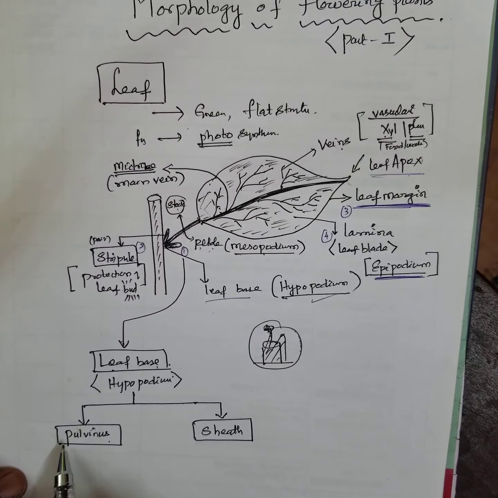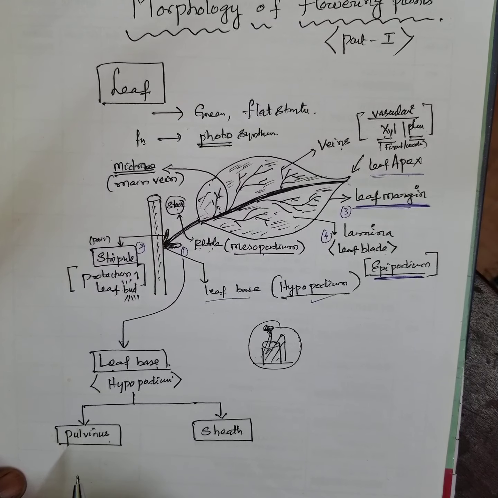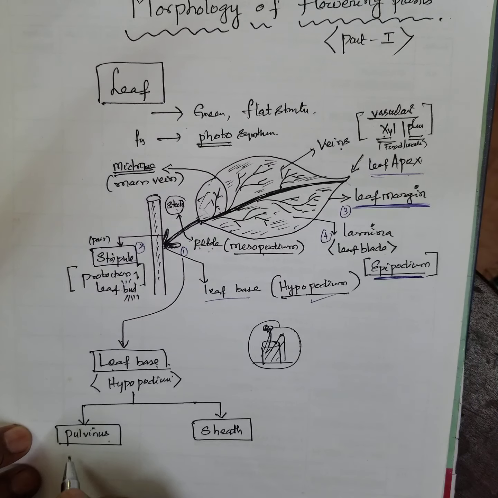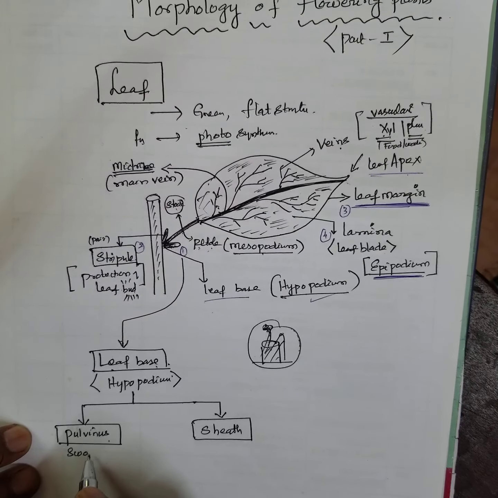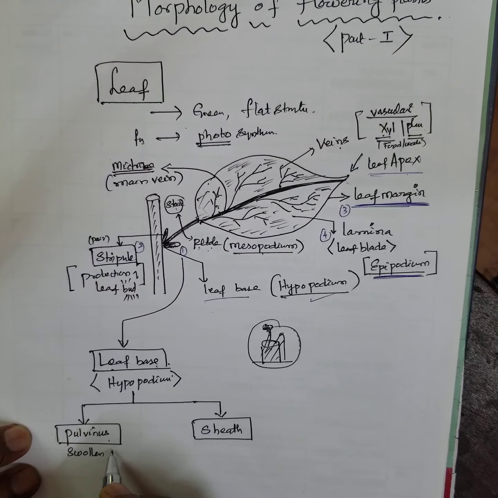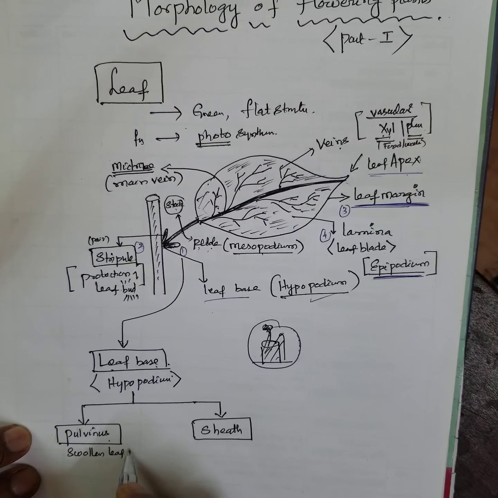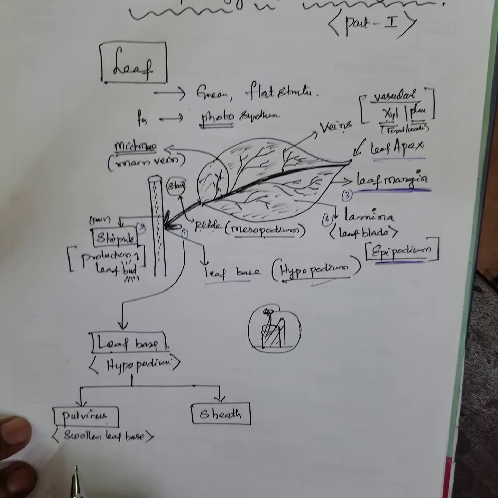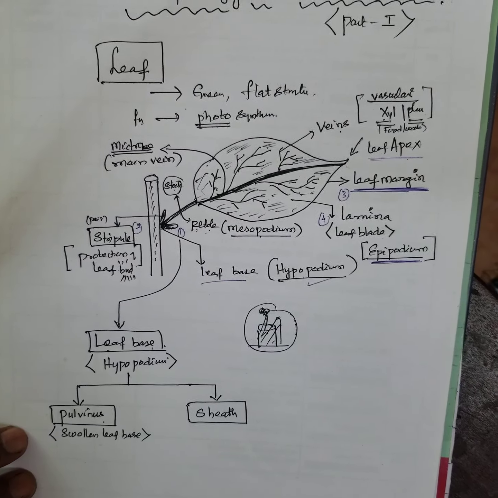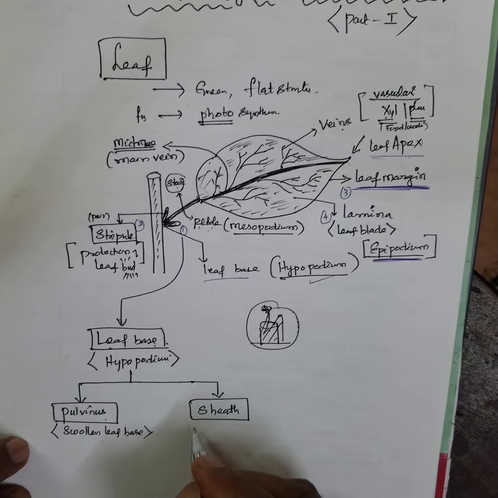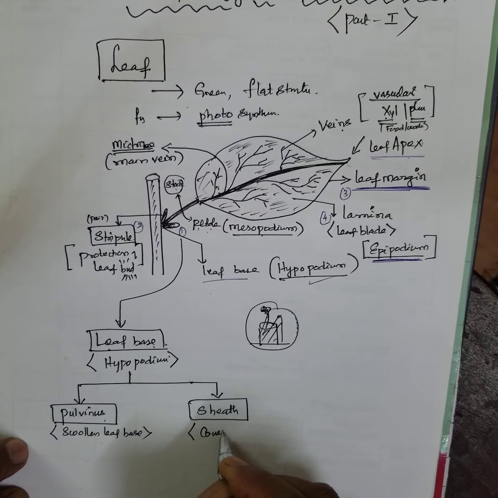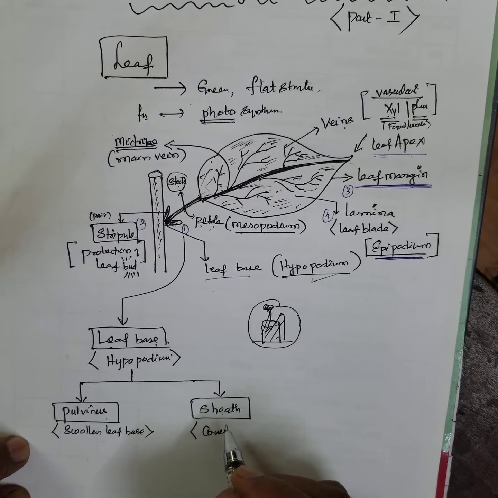Now, this pulvinus is a swollen, this is what? Swollen leaf base. It is a swollen leaf base. Sheath, meaning a cover.